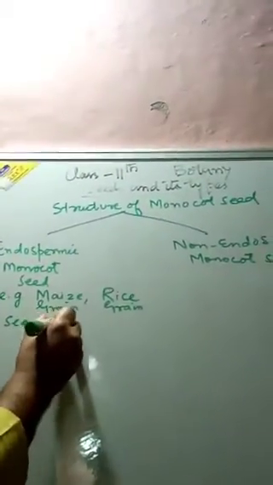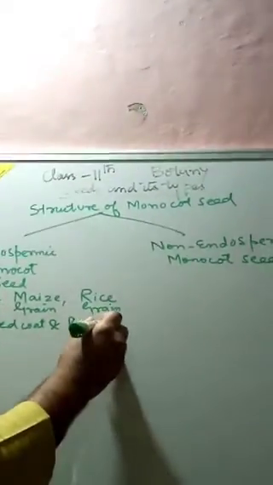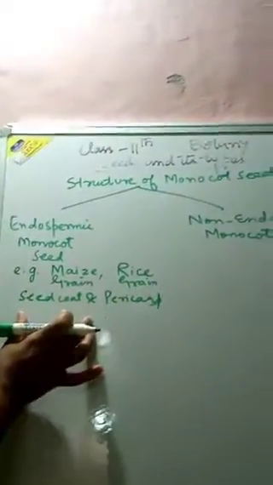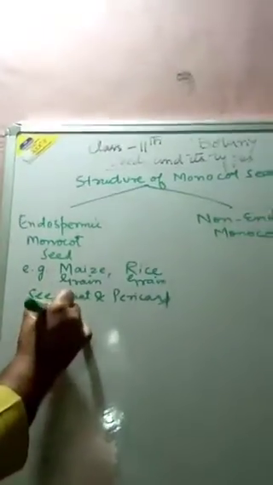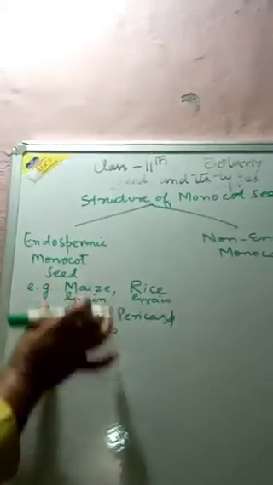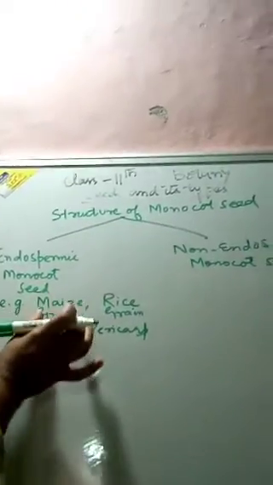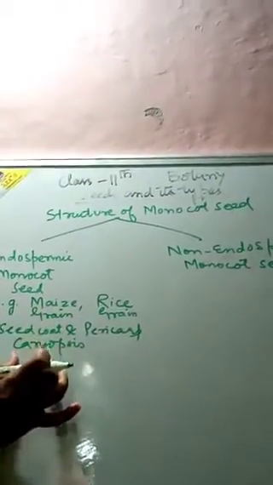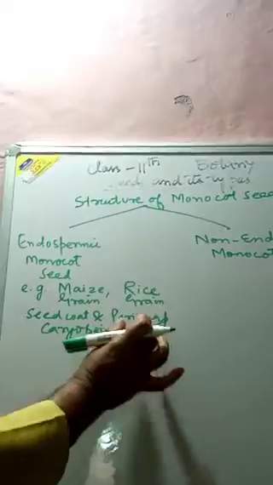That is a type of fruit. So this grain is simply the caryopsis, in which the seed coat and the pericarp are fused together.